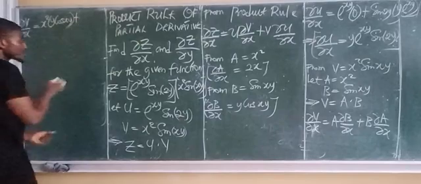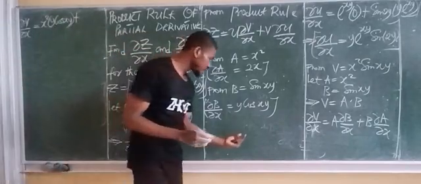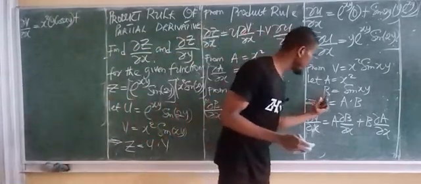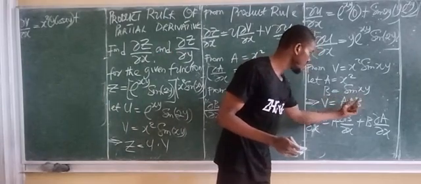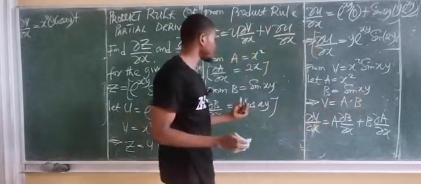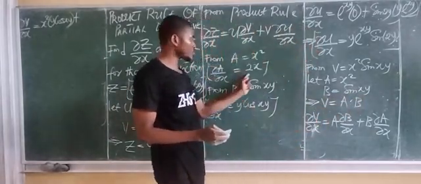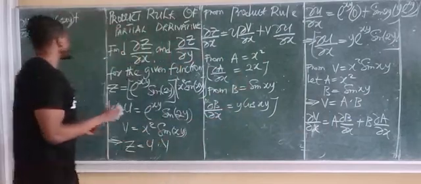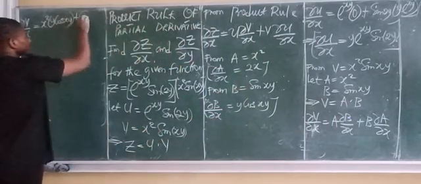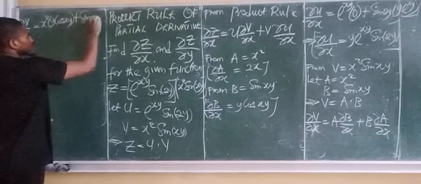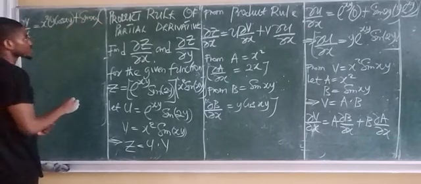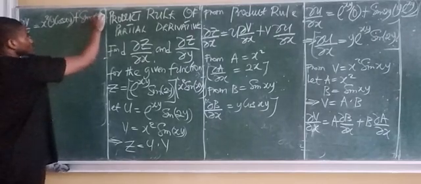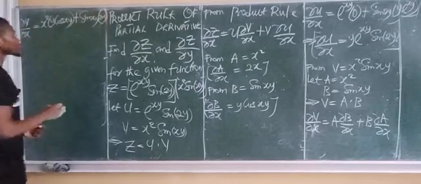Plus now you keep b constant, and b, we say let b be simply what? sine xy. Then differentiate a with respect to x. The a, the x gave us 2x. So keep b constant, and b is simply sine xy. Differentiate a with respect to x. That's simply what? 2x. Okay, so we have this.